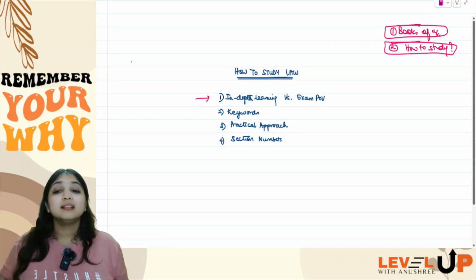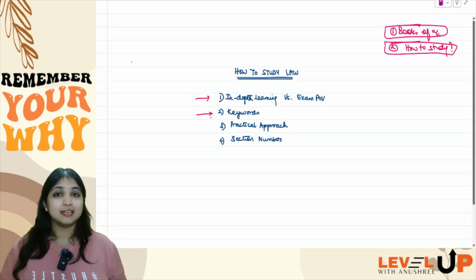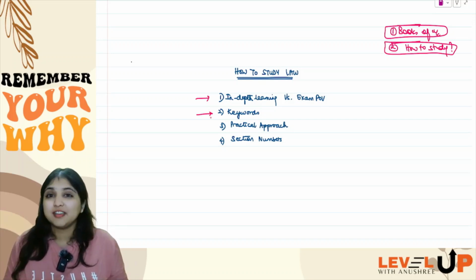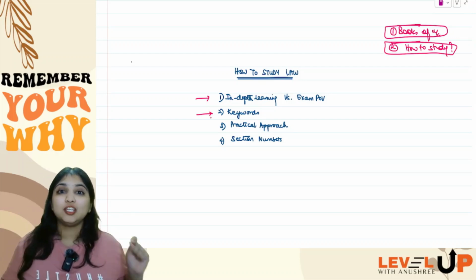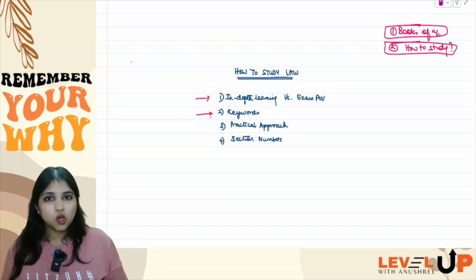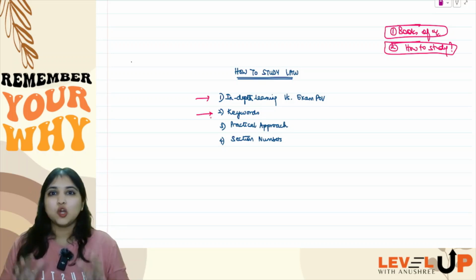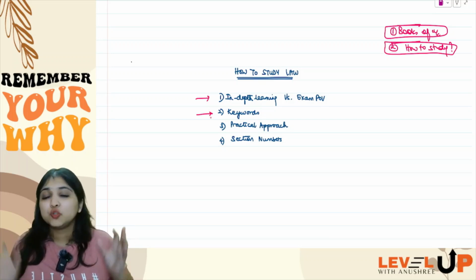Thing number one. Thing number two, when you are learning, the second thing that you should always keep in mind, yes, you should go in depth, yes, you should understand the concept very, very nicely, but know that just knowing the concept is not enough. You also have to communicate to the examiner how well you know the concept, and the only communication between you and the examiner is your answer paper, those 3 hours. Now, in those 3 hours, you have two options.